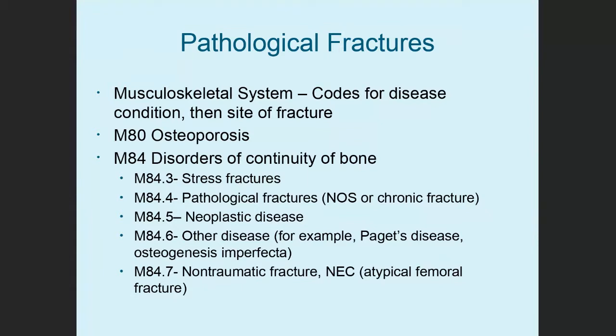So you're going to look up pathological fractures and then the disease and then the location. These are much simpler. All you have is M80 and M84. M80 is osteoporosis. M84 is disorders of continuity of bone, and that's fractures.